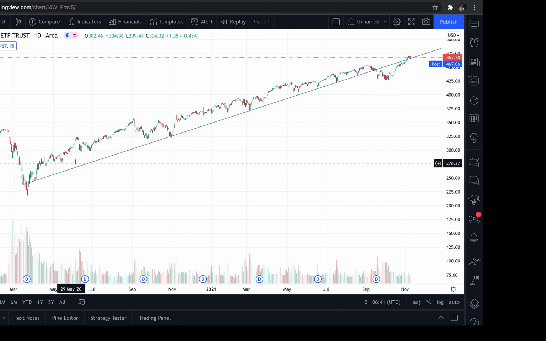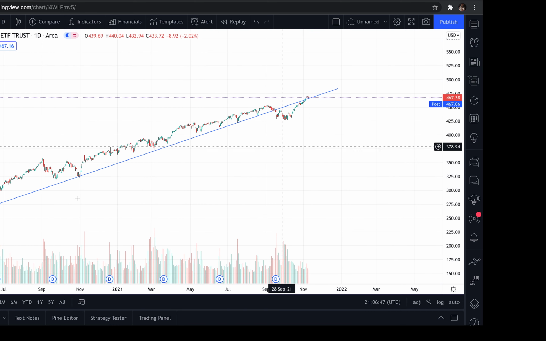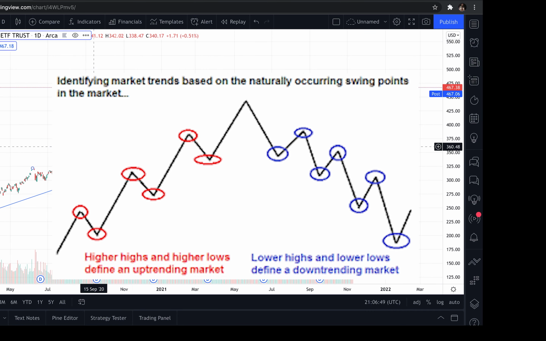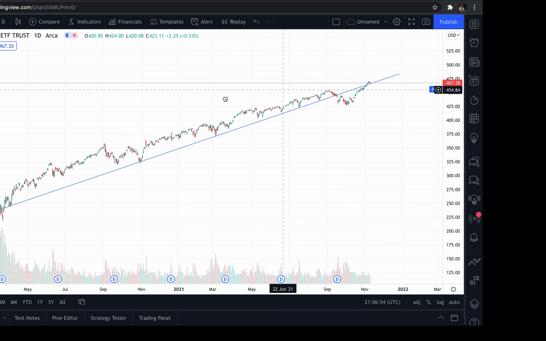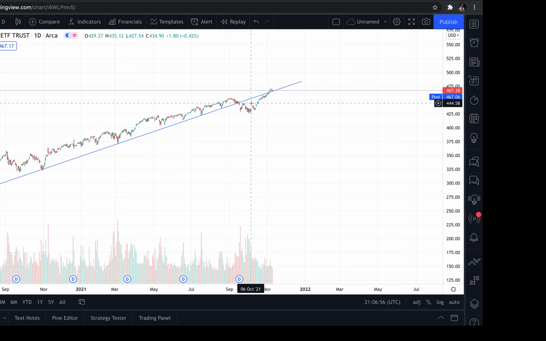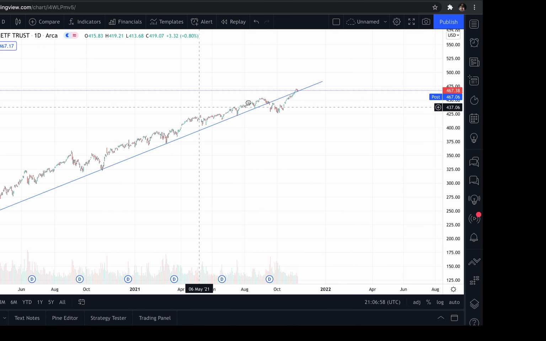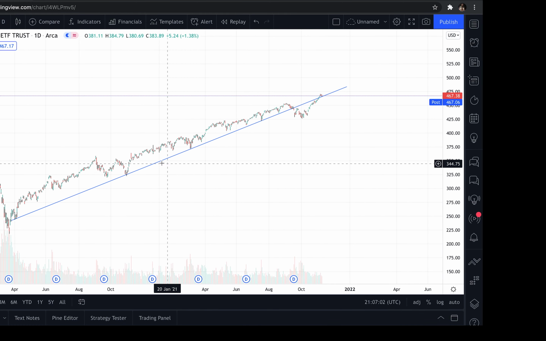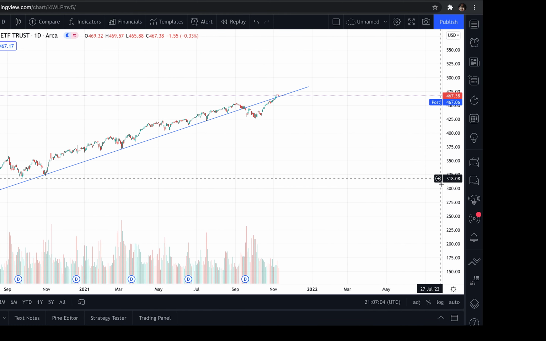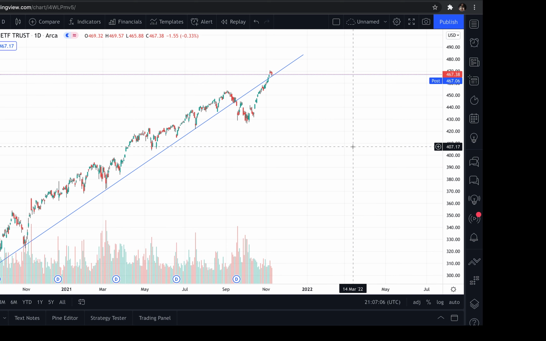We are still in an uptrend. We're still making higher lows and higher highs. We're not making lower lows and lower highs. Whenever you see higher highs and higher lows, that indicates that we're in an uptrend. So there's no reason to be bearish. You always have to look at the bigger picture. When in doubt, zoom out. That's one of the phrases I learned.